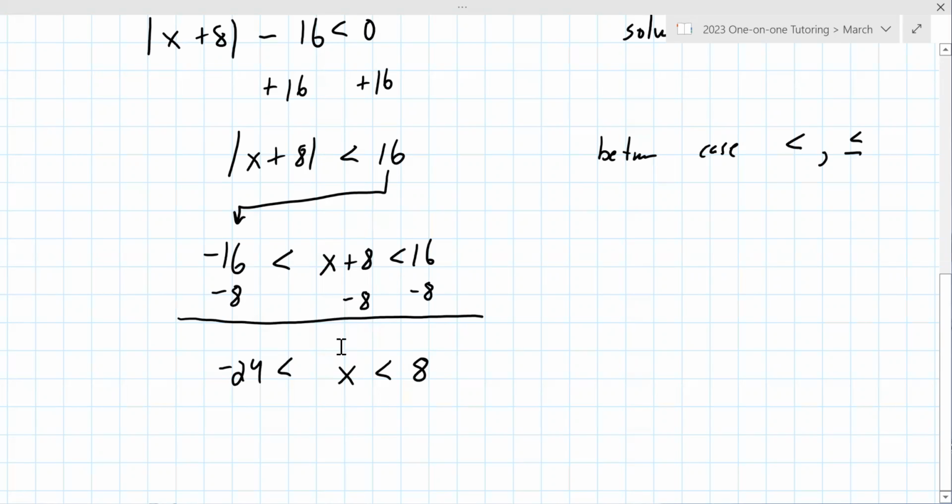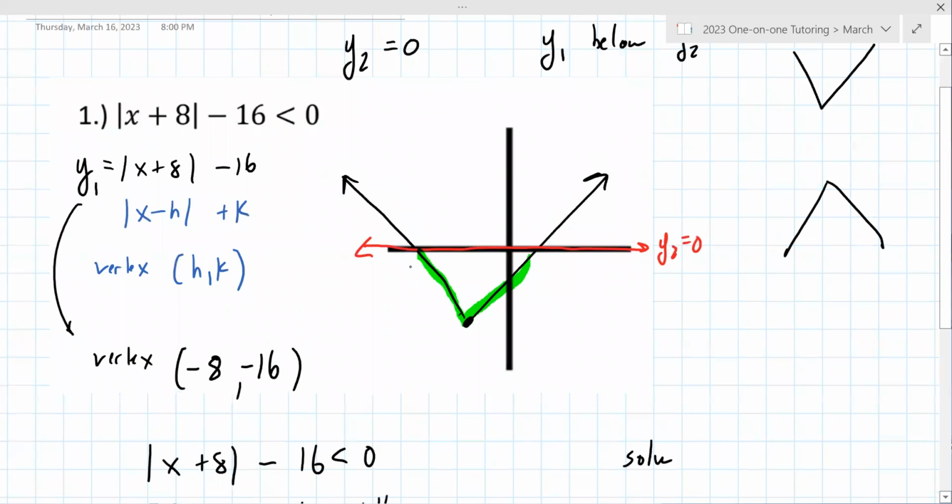If we go back to the graph, though, there's some important stuff on the graph with these values right here. This negative 24 is right there, that's (-24, 0). This point right here is (8, 0).